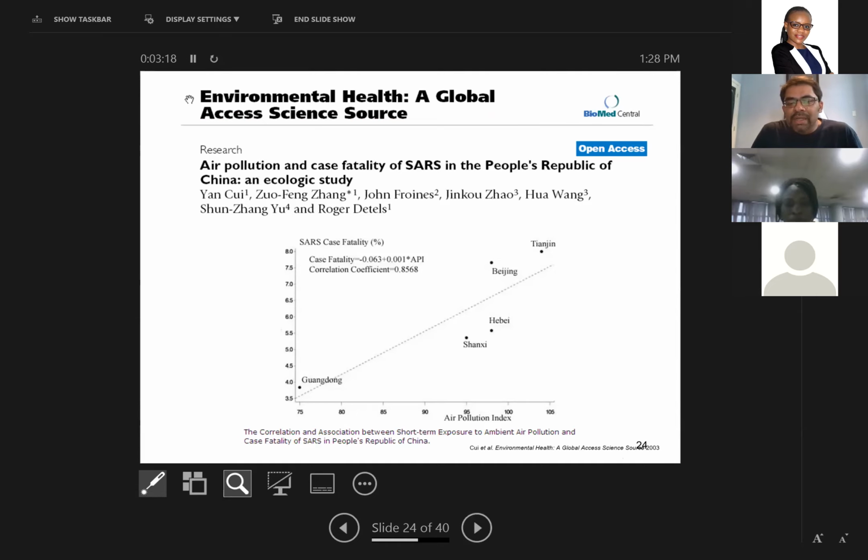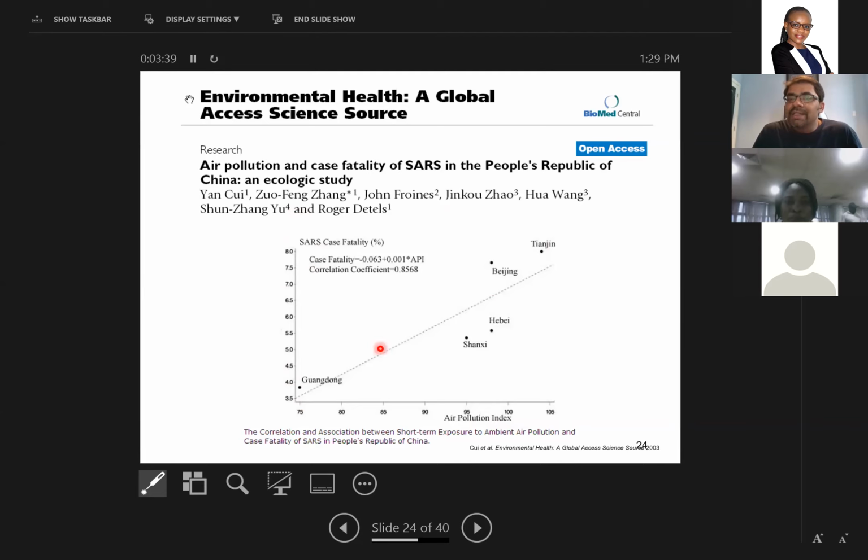So you see here, whenever the air quality index is very poor in various provinces or cities of China, Beijing, Tianjin, Shanxi, Guangdong, and so on and so forth, and as the air pollution levels are high, the case fatality of people admitted with SARS in hospital was also high.